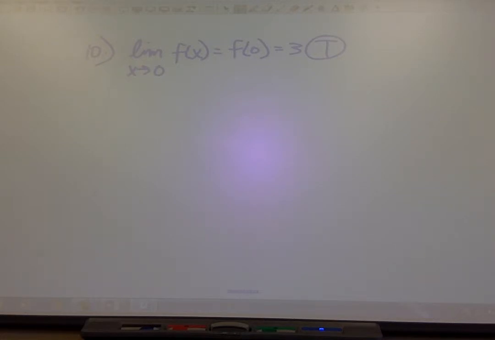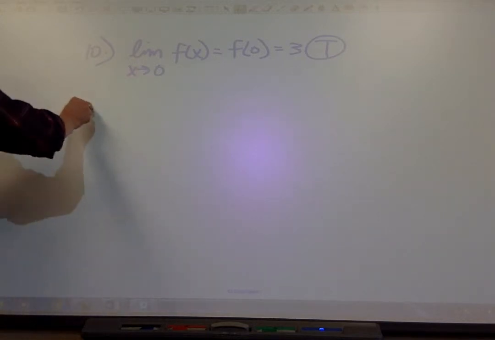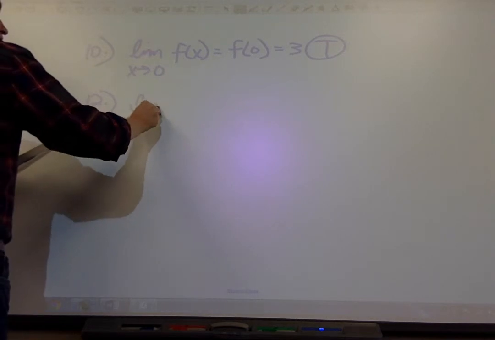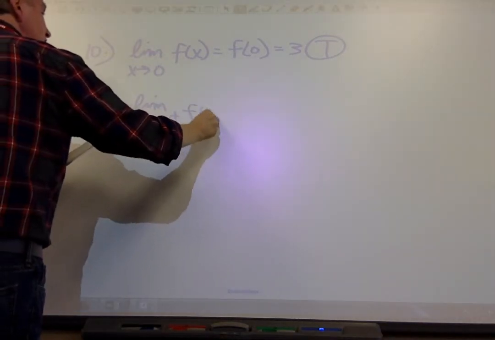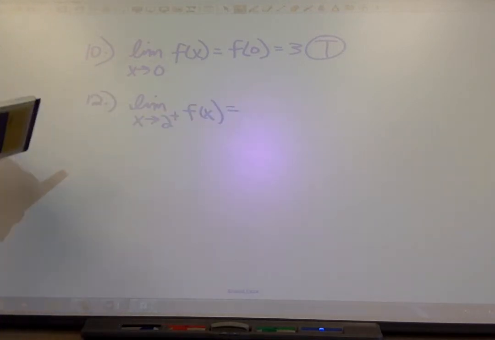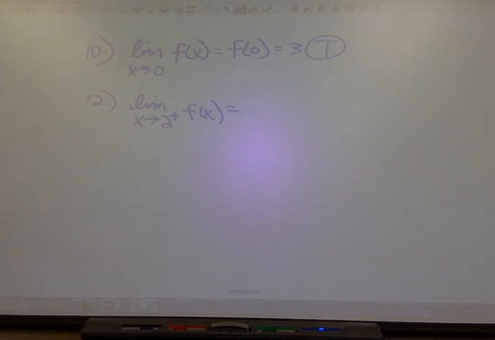What about 12? What is the limit as x gets close to 2 from the right-hand side? 12 says the limit as x gets close to 2 from the right. Well, look at that graph and approach from the right of 2. If you're approaching 2 from the right, it's in that horizontal piece, isn't it?